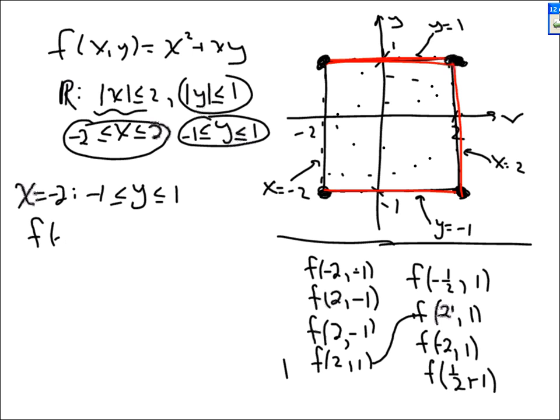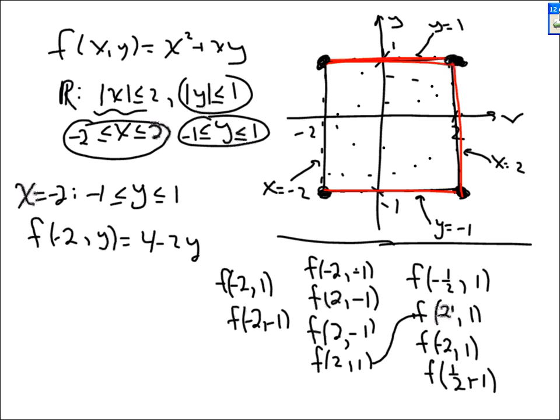So f(x, y) is 4 minus 2y. And again, it's going to happen at an endpoint. I want you to think about why that's going to be true. So we do f with x equal to negative 2, and y can be 1, or y can be negative 1.